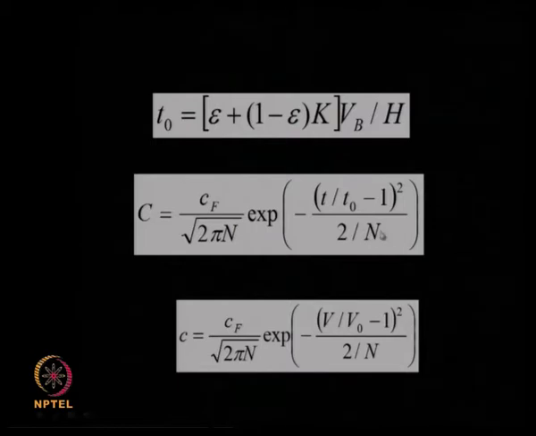Here we have the number of theoretical stages, we have the feed concentration, we have the elution time coming into the picture, and here we have the concentration coming on the left hand side. So these equations again can be used for design calculations, as we are going to see in some more problems as we go along.